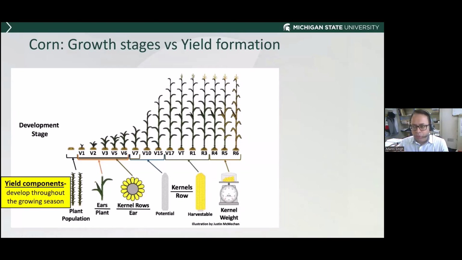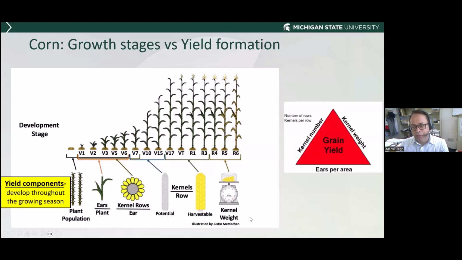One of the important points here, again, going back to the yield components, is that early on, we do expect that we are already determining number of plants, right? Number of ears per plant. And you can see also in this triangle on yield components that the ears per unit area is your first yield component, and that's already determined early, and we all can expect that. But look at these other components, number of rows on an ear as well as number of kernels per row.